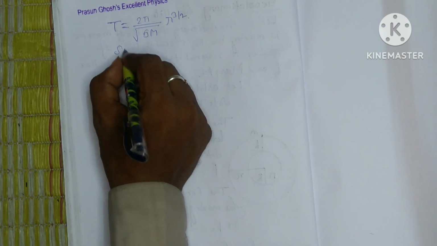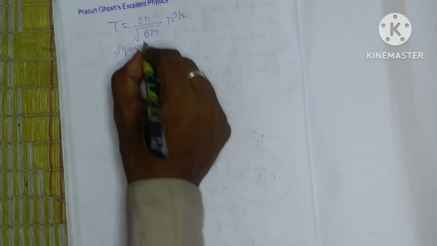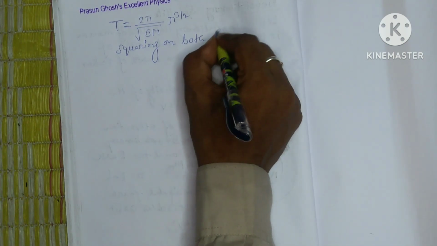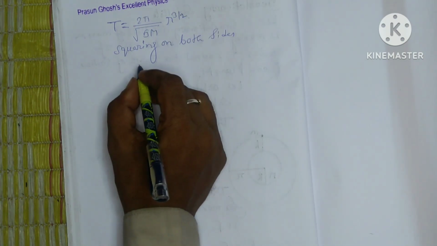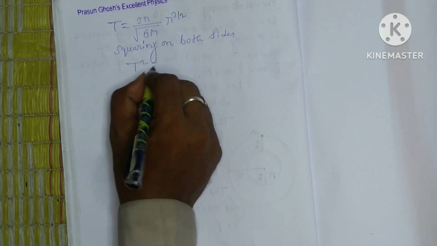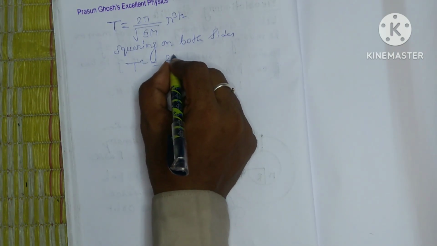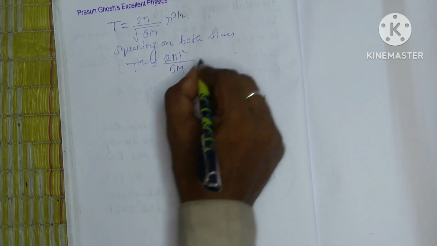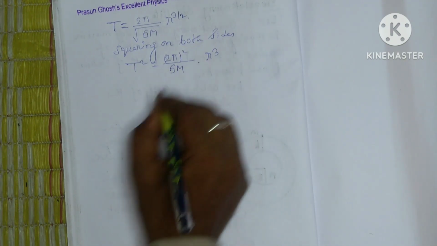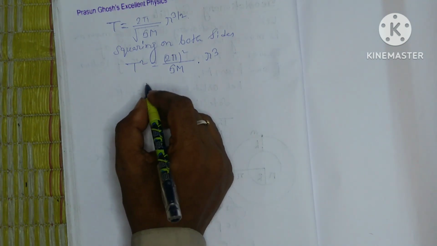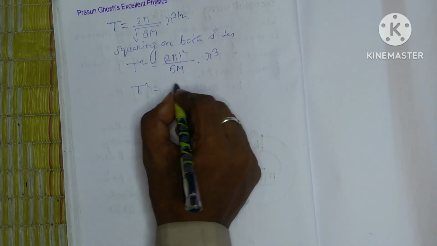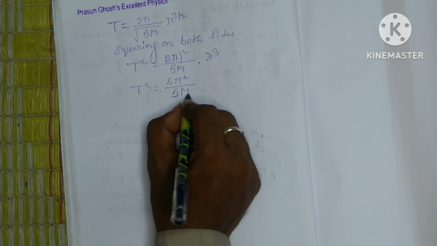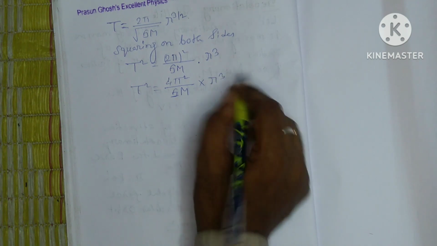Squaring on both sides, T square equal to 4 pi square by GM into r cube.